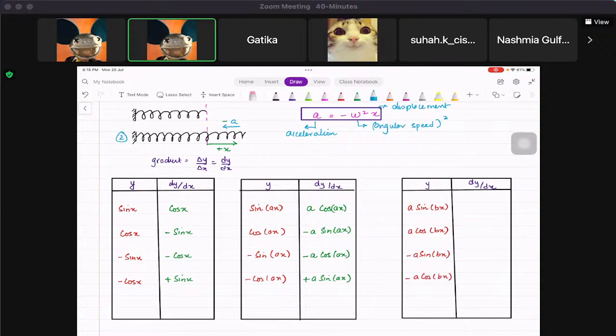The same thing, it doesn't really matter. So you're going to write it as a is already there, b will come outside. So ab cos of bx. This will be minus ab sine of bx. This will be minus ab cos of bx, and then finally change the sign, and then ab sine of bx. Everybody understands this?